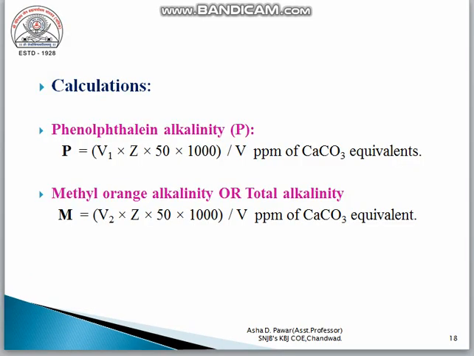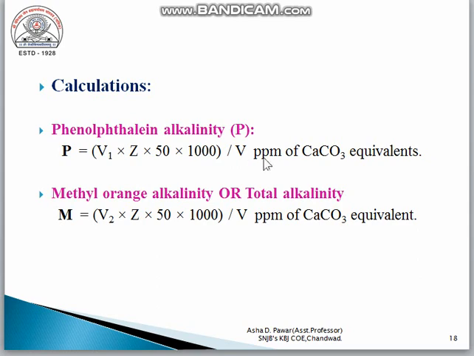Then finally from the burette readings we calculate two types of alkalinity, phenolphthalein alkalinity P, and methyl orange or total alkalinity M. Phenolphthalein alkalinity P equals V1, the burette reading up to the phenolphthalein end point, times N, the normality of acid used for the titration, times 50 times 1000 upon V, the volume of water sample used for the titration.